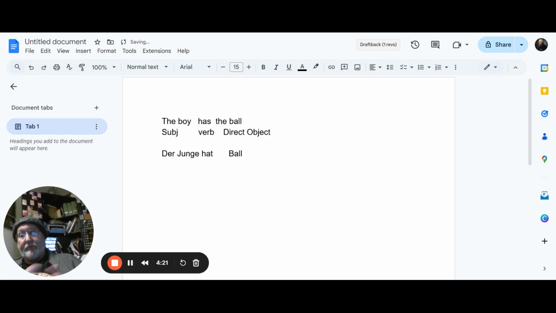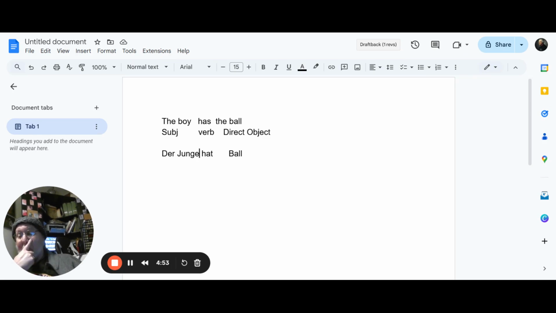The verb to have is haben, but when you're talking about der Junge hat, and then Ball. I used ball because it's the same word in English as it is in German. Now, ball is a masculine noun. So in the nominative case, if it is the subject, that means that you use der, die, das.